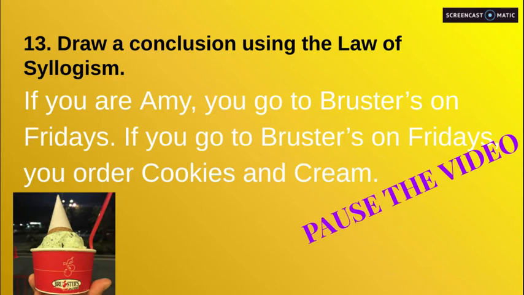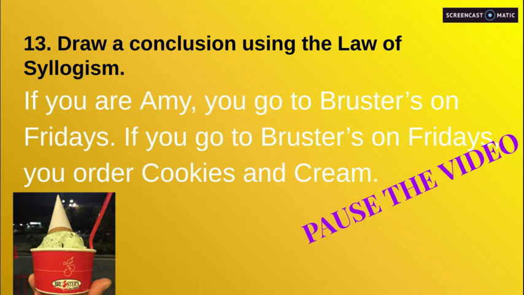Okay, so you can pause the video. But if the events go together, then that means that you can draw a conclusion using the first and last statements. The first and last statements are, if you are Amy, and then you order cookies and cream.